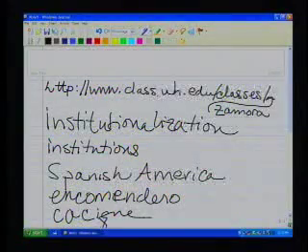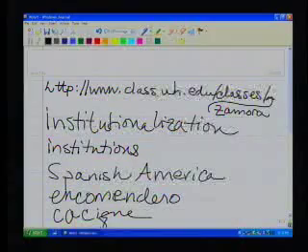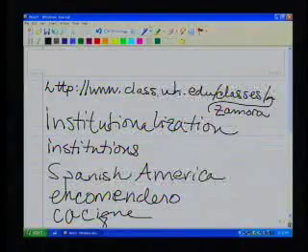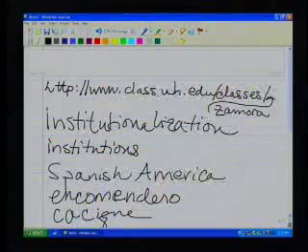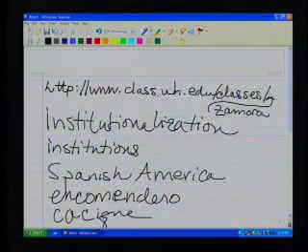Actually, the term comes from the Caribbean. And there are caciques, or native leaders, who are the middlemen who intervene.